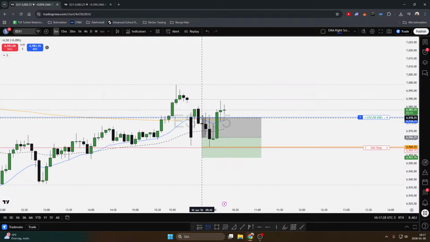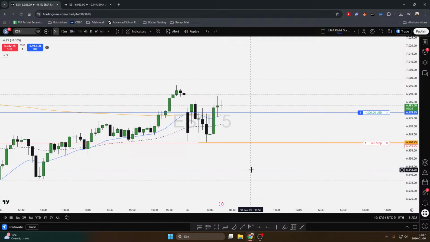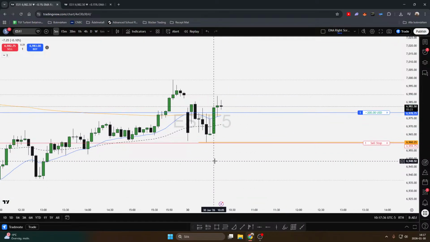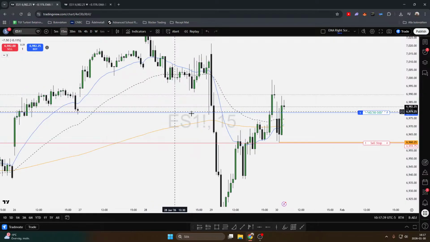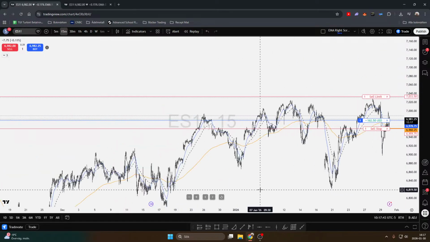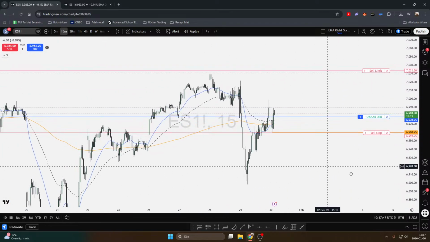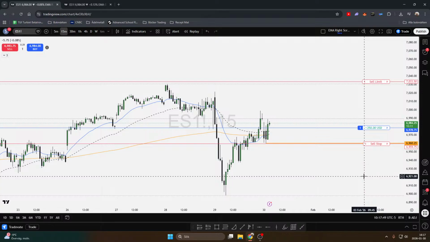Went below, we would have lost again. That's why I don't like that setup, but it's a good setup if you know how to read the markets. But as you can see here, we are consolidating a lot. So I'm not doing anything extra here.